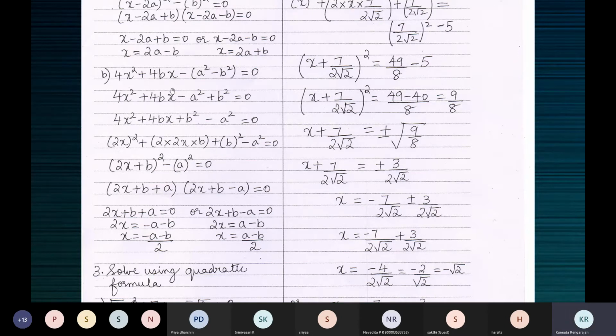This is p square, this is plus 2pq, and this is plus q square. So when we had p square and plus 2pq, we also had the third term plus q square. These 3 terms make a perfect square, which means you can write them as p plus q the whole square.